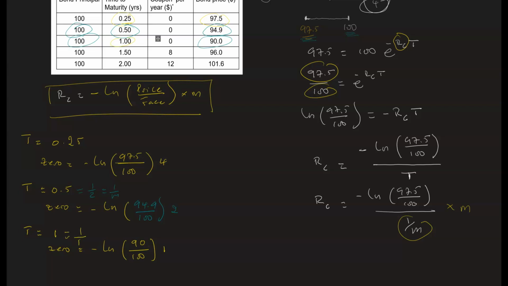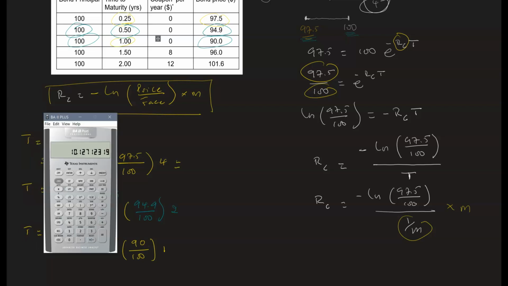That's 1 year. The first scenario gives us what we did earlier: 97.5 divided by 100, we take the log of that, remove the negative sign, and multiply by 4. So that's 10.127.